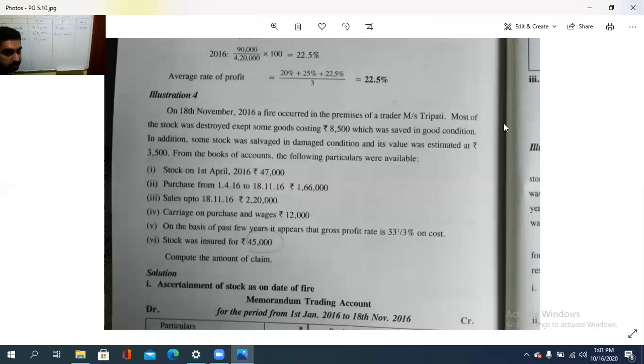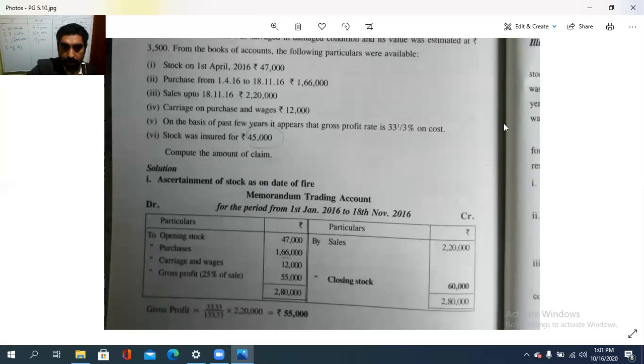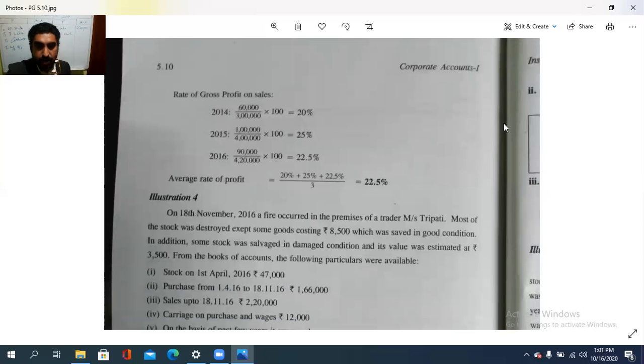On the basis of the past few years, it appears that gross profit rate is 33 and 1 by 3%. So how is it to be calculated? We'll check it. 33 1 by 3% is 33.33% of sales 2,20,000. It is on cost, not on selling price.